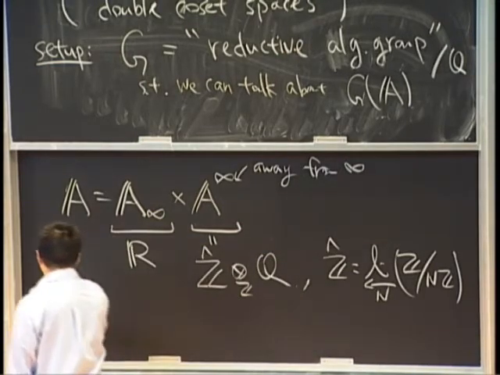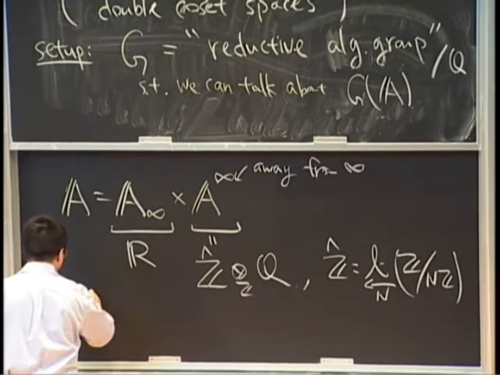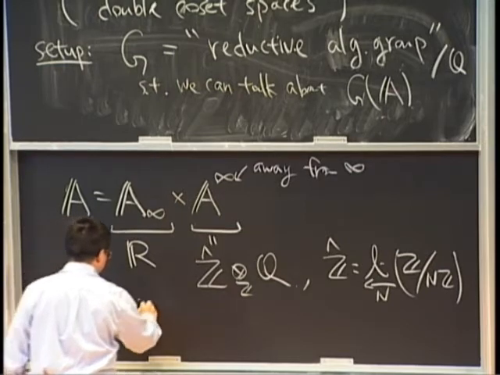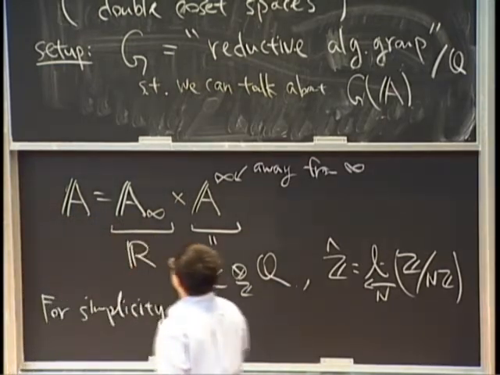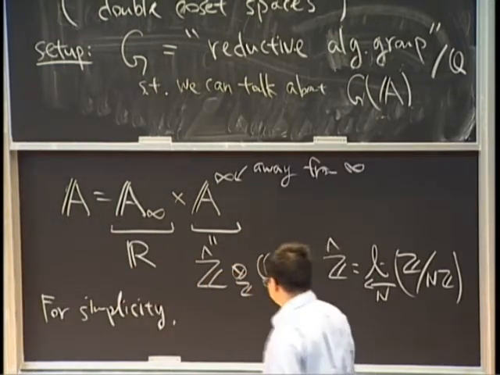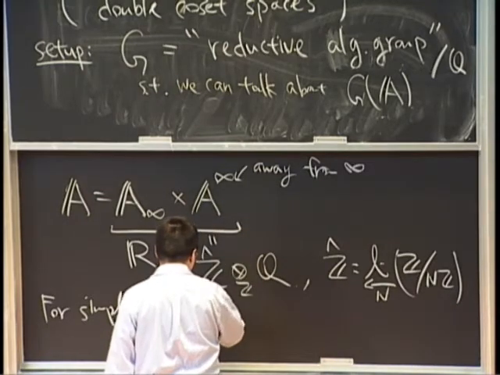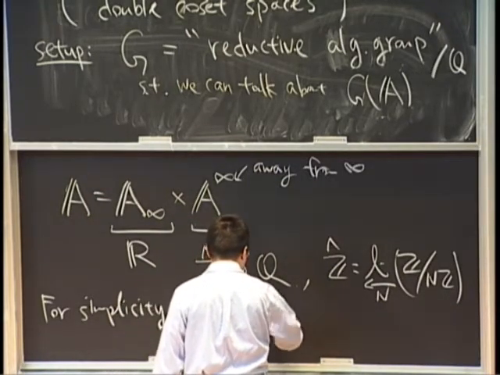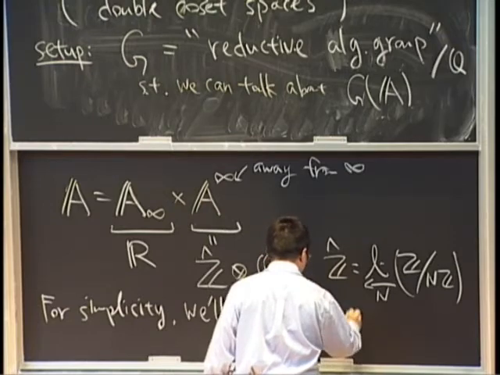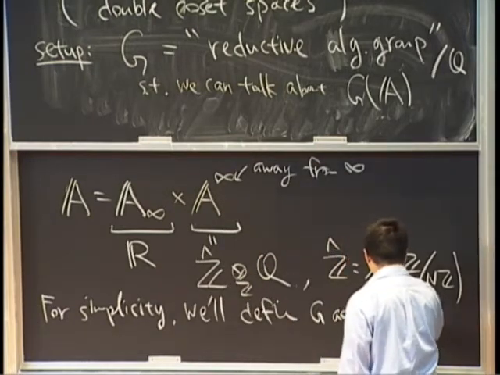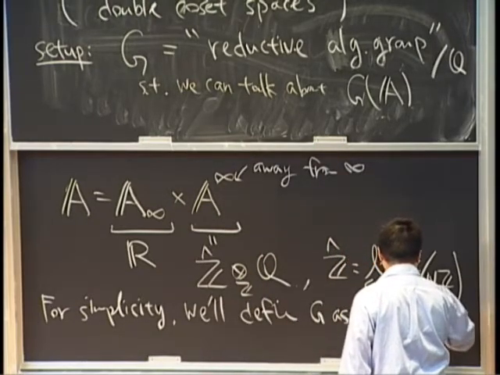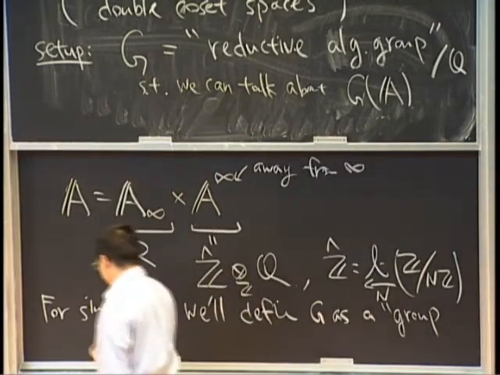But for simplicity, in the following I will always just choose the Z model for you. Well, I put a quotation mark again, so you probably should Google and find out what this means.